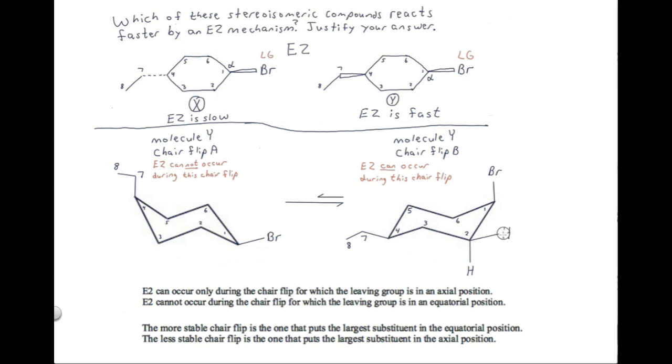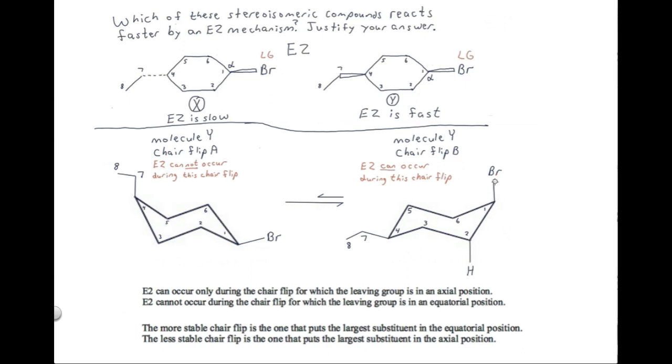So we're not going to use this hydrogen. This hydrogen is not anti to the leaving group because it's cis to the leaving group. We're going to have to use this hydrogen, and you can see that clearly this hydrogen really is anti to the leaving group. So for E2 in cyclohexane, you need to use both a leaving group and a beta hydrogen that are in axial positions.